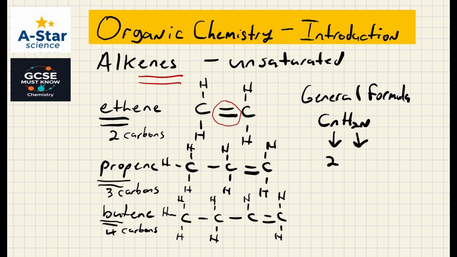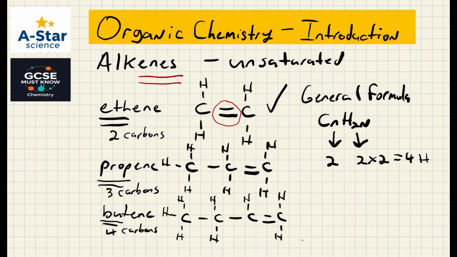That means the hydrogen is going to be 2 times 2, which equals 4 hydrogens. And we can see that actually works in that case. So that is the second family of hydrocarbons. Hydrocarbons being molecules with carbons and hydrogens.